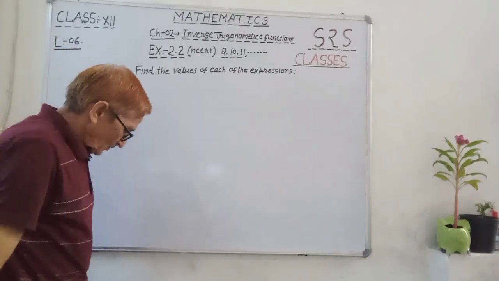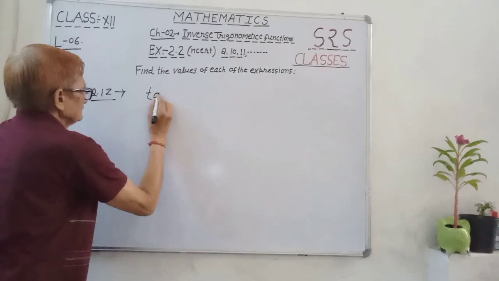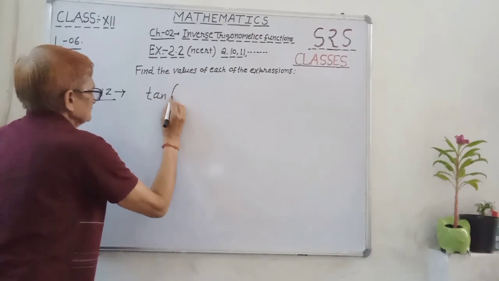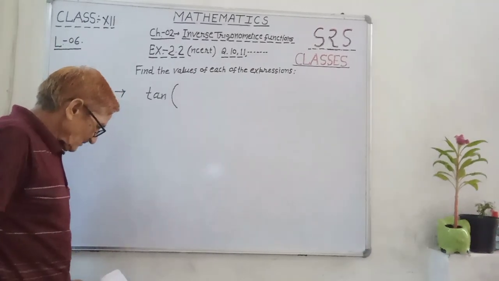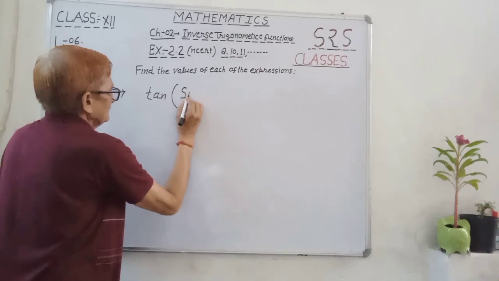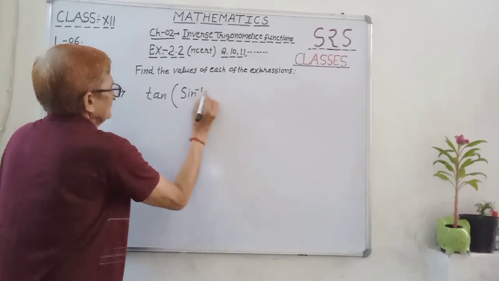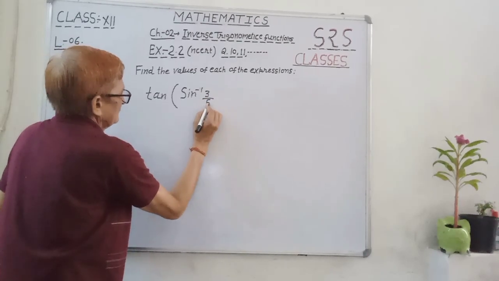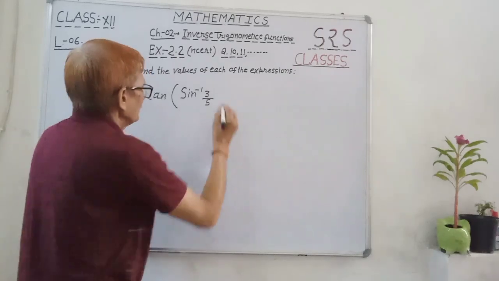Question 12 is tan of sin inverse 3 by 5 plus cot inverse 3 upon 2.